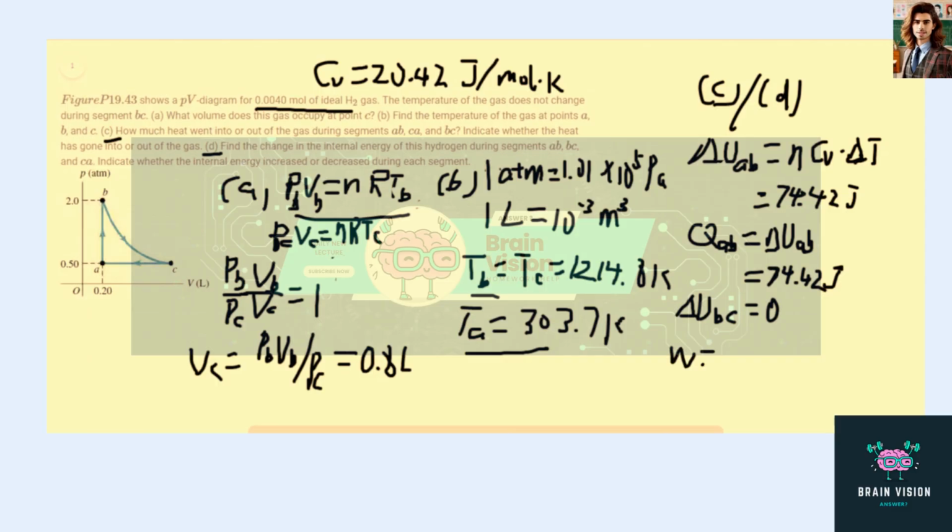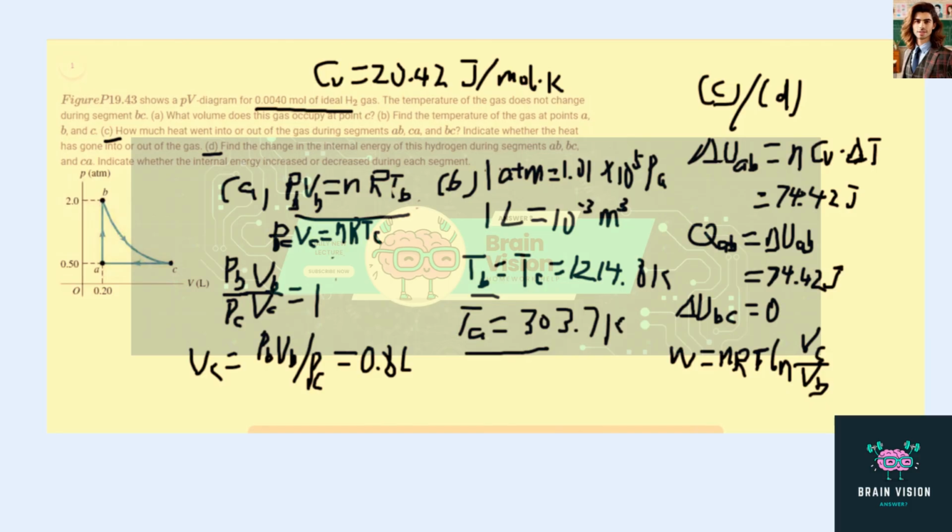The formula is nRT times the natural log of V final over V initial, which in process BC will be VC divided by VB.